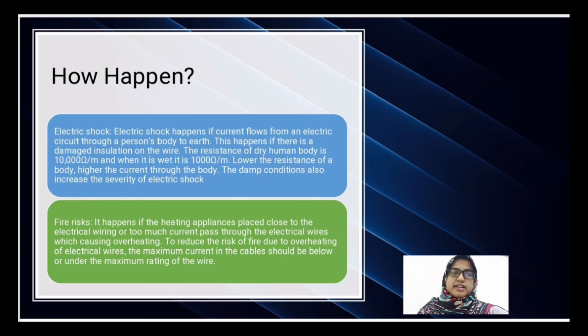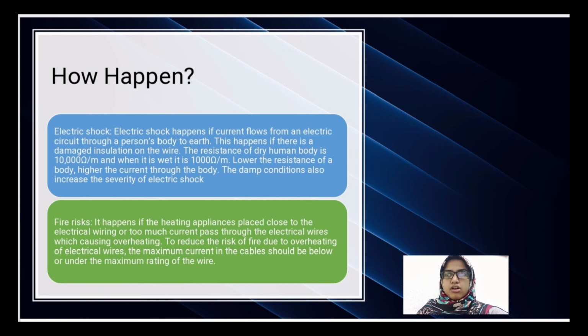When we learn about electricity at home, we should know about the danger of electricity to keep us safe at home. We have electric shock and fire risk. Electric shock happens if current flows from an electric circuit through a person's body to earth. This happens if there is damaged insulation of the wire.